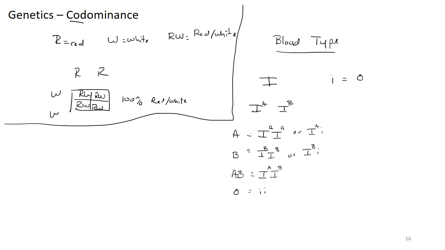All right? So let's just say, can we predict what a person would look like in terms of blood type by using these things? Well, yeah, absolutely. We'd still make a Punnett square, still the same kind of Punnett square. And let's say we take a person who's homozygous for A-type and they're heterozygous for B-type.